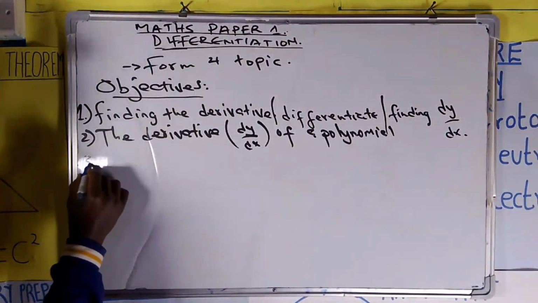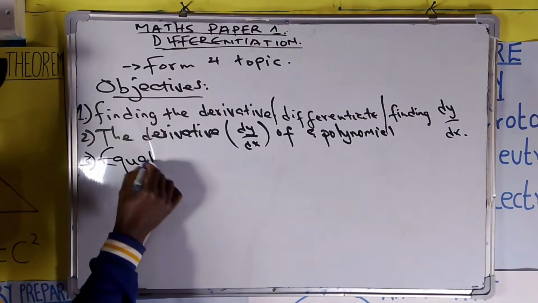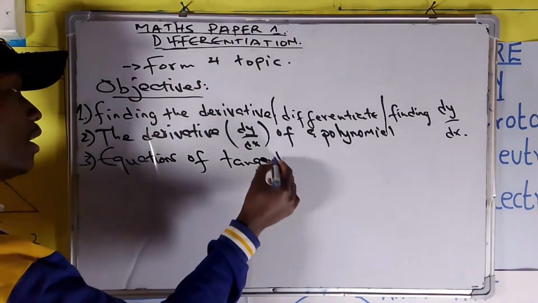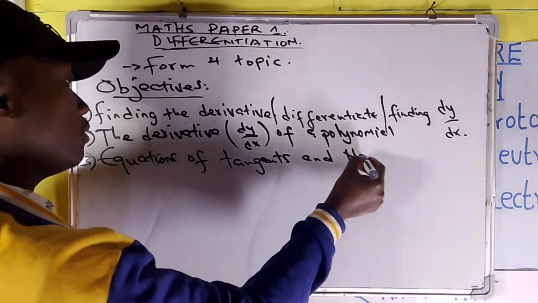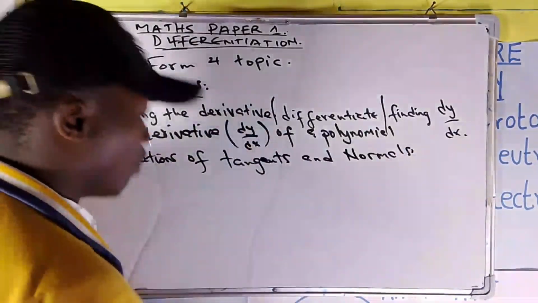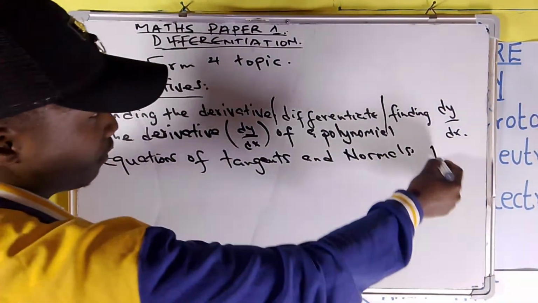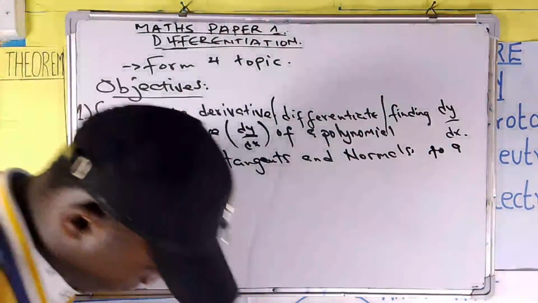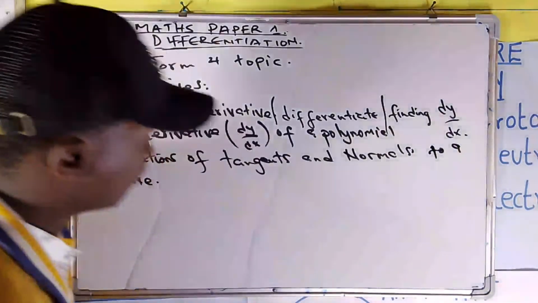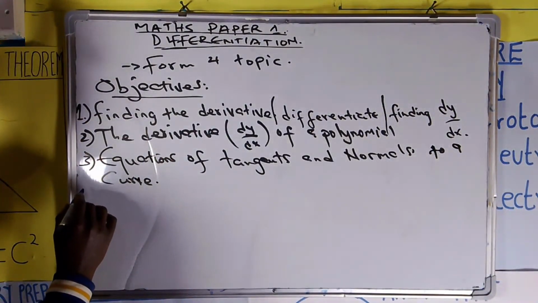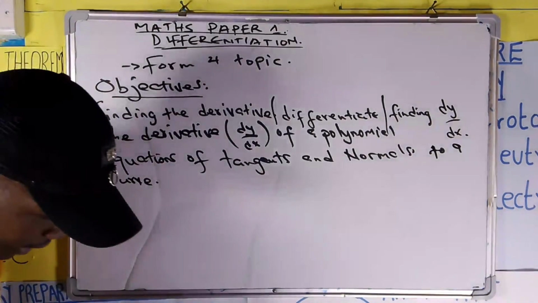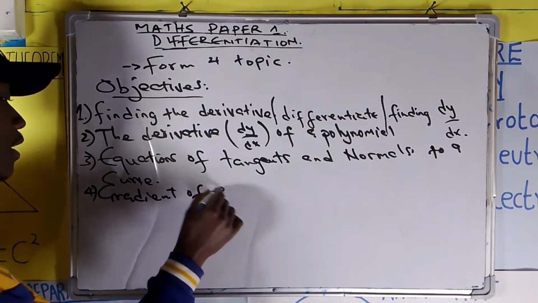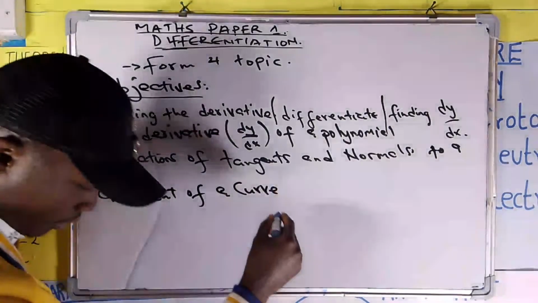The next one that we will be learning is equations of tangents and normals to a curve. We will also be looking at the gradient of a curve at a point.